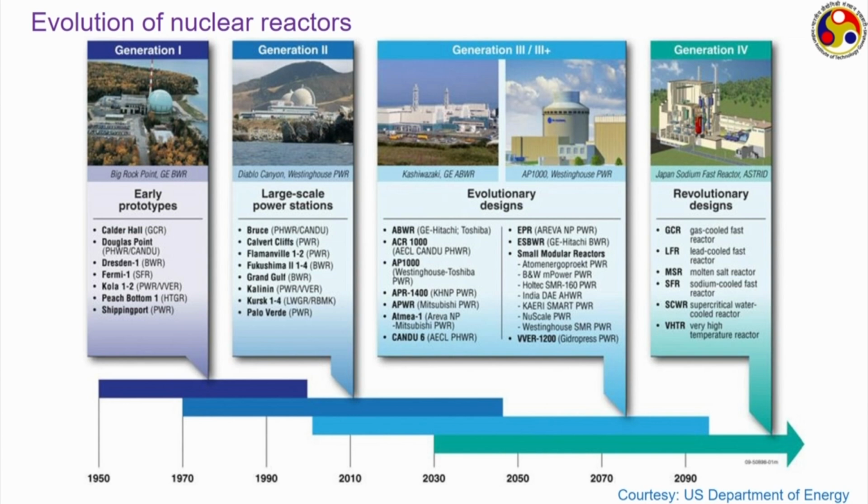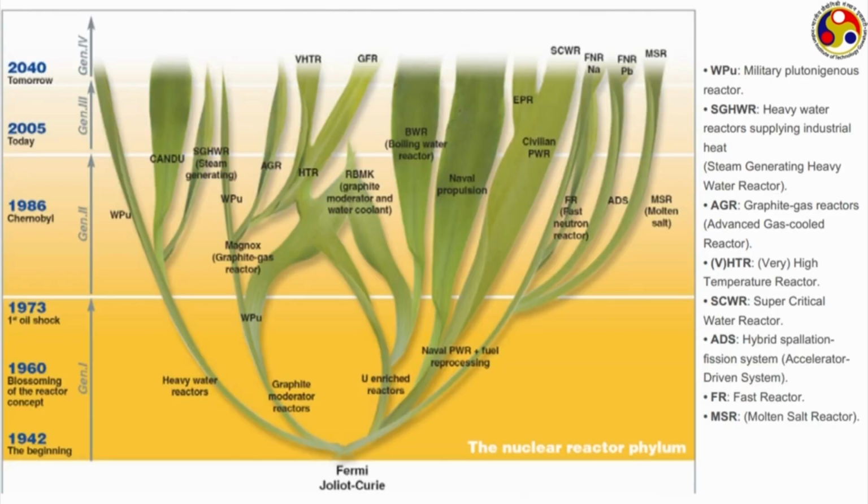The work started around 2000 or 2010, and only a few commercial reactors have started to appear, but more of them will be coming in the next 10 years or so. And finally, generation 4, which is expected to become operational only beyond 2030 or maybe 2040. They are much more advanced reactors, and they keep in mind all the factors that we have just discussed in the previous slide.